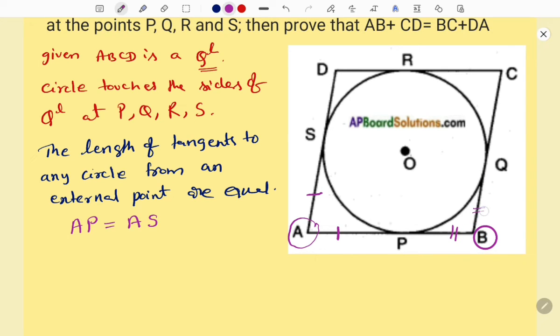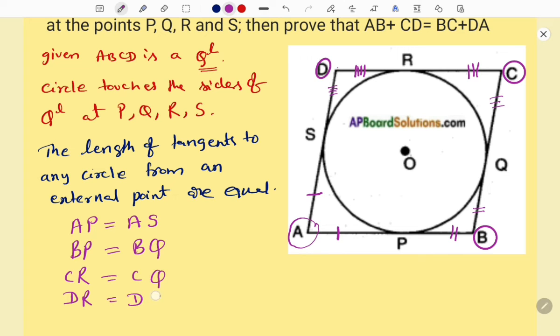Now take point C: CR is equal to CQ. Now from D, DR is equal to DS.